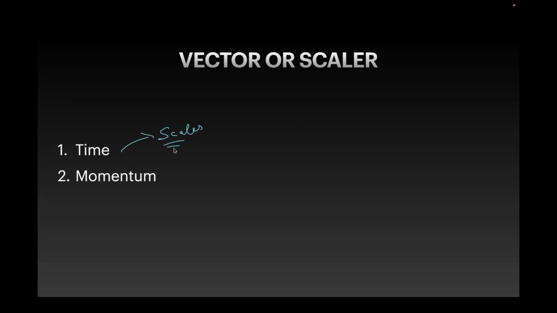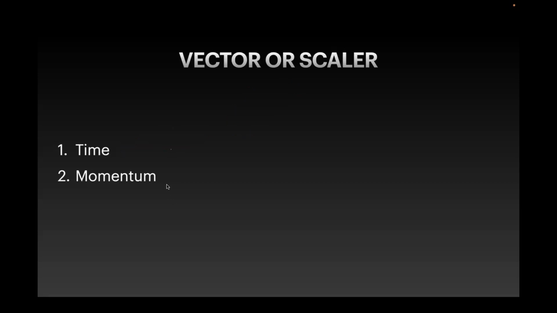You won't say 12:30 p.m. from the right direction and 12:30 a.m. from the left direction. No, no. You will just say it is 12:30. That's all. What does it have? Only magnitude. So time is a scalar.